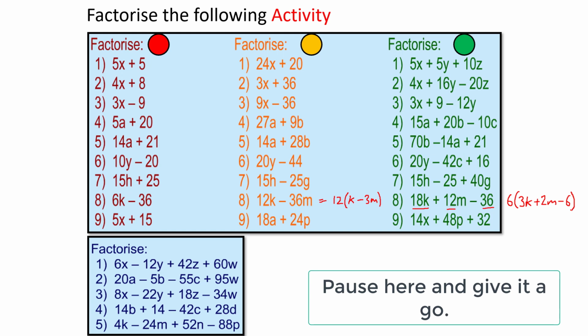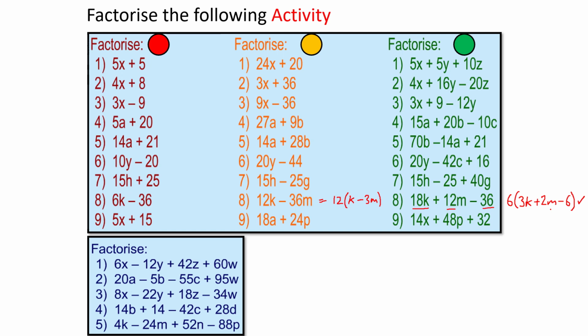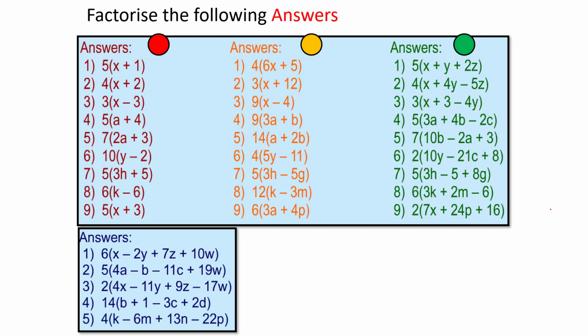And that is done. So the key is to get the highest common factor. If it's not the highest common factor, it's incorrect, and it has to be the highest common factor of each number. So pause the video now, and the answers are here, and really well done if you've got that skill, and now you've consolidated it really well.